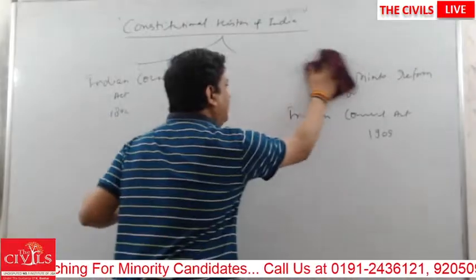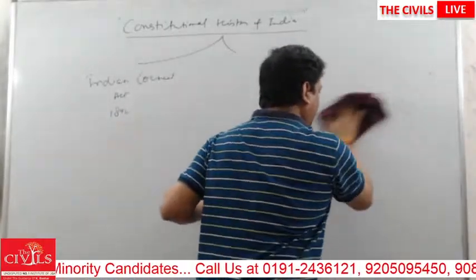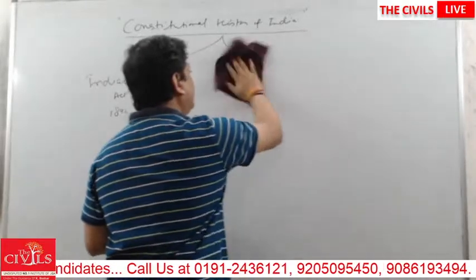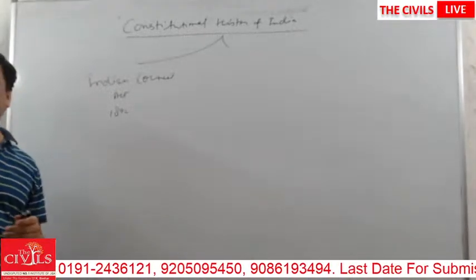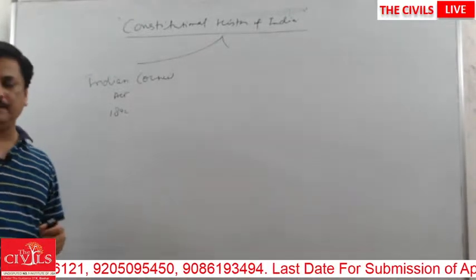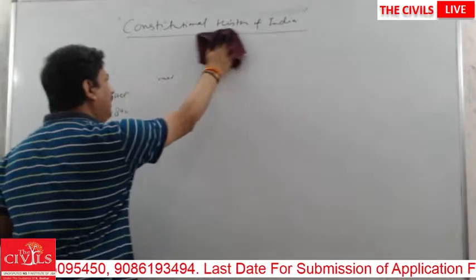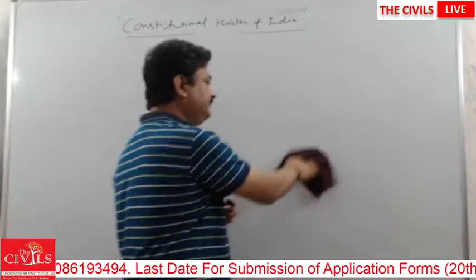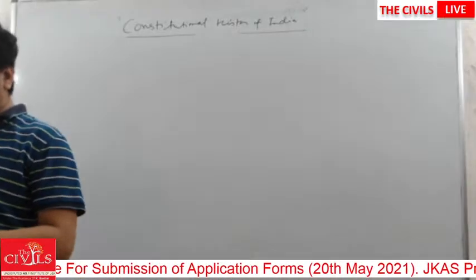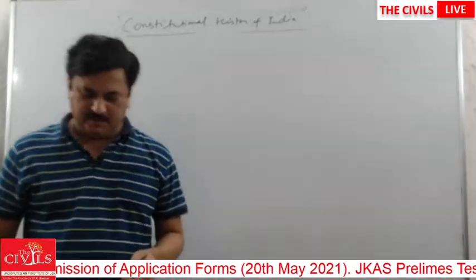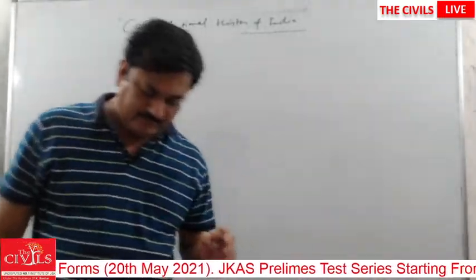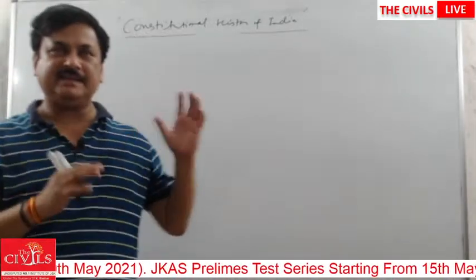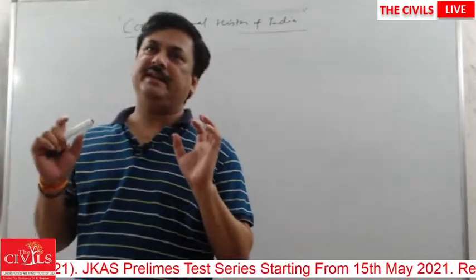After the Council Act of 1861, the Act of 1892 was passed by the British Parliament. This act is very important for two or three reasons. First of all, this was the first act by which the election process began in India.